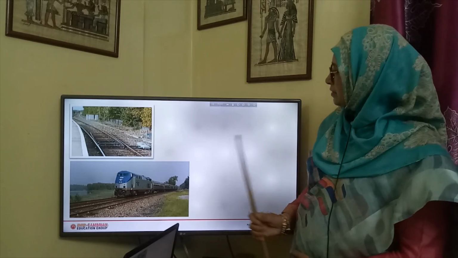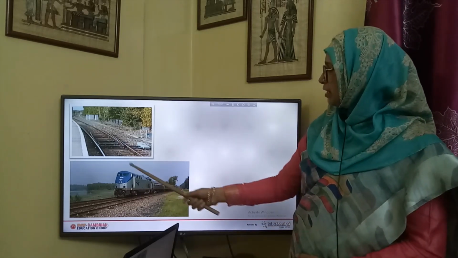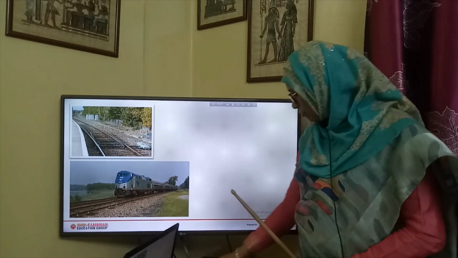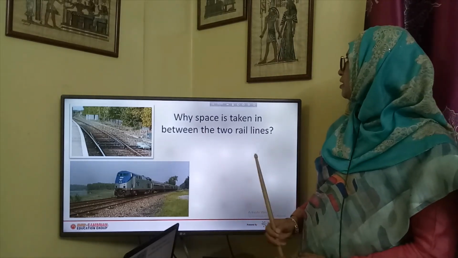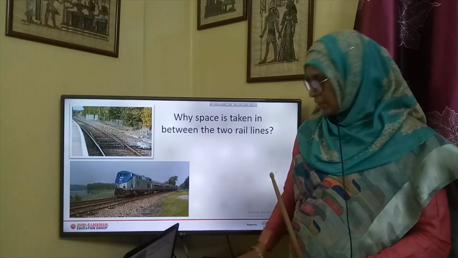Now see, this is the railway line, and these are the trains. Do you know why space is taken in between two consecutive railway lines?